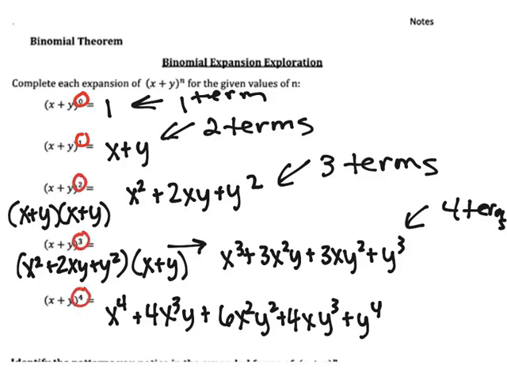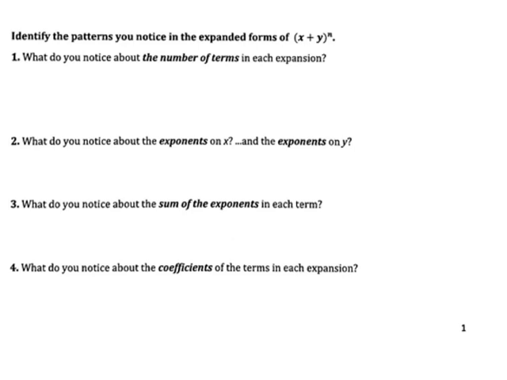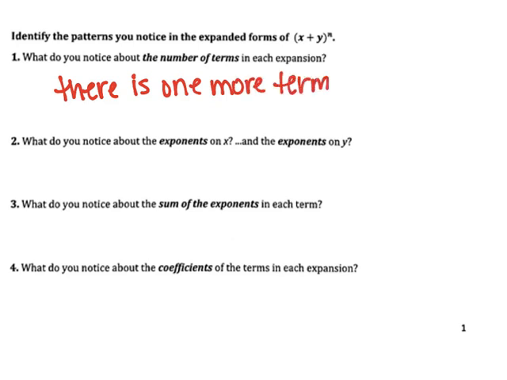So 1 term, 0 power, 2 terms, 1 power, 3 terms, second power, 4 terms, third power. Hopefully you notice that there is one more term than the n value, the nth value.